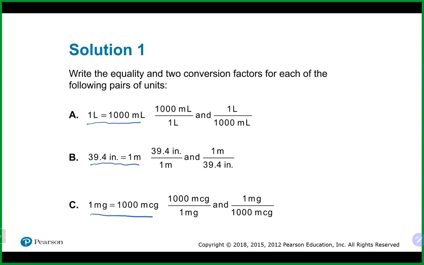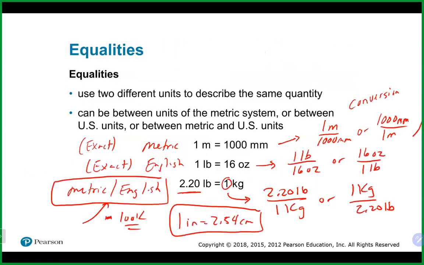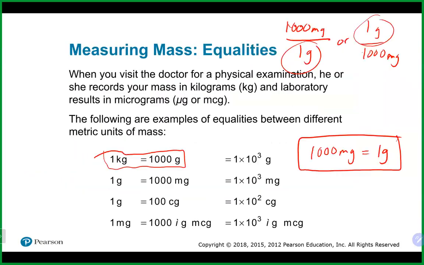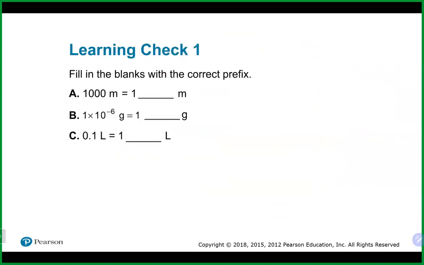Now, speaking of going from a prefix unit to a prefix unit when you're doing some type of conversion, I would highly recommend always taking it back to the base unit and then going from the base unit to the next prefix unit so that you get it correct. So if we roll back here a little bit to this table. Where's that table?